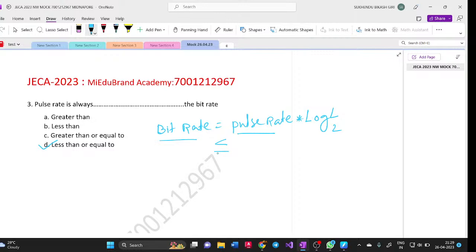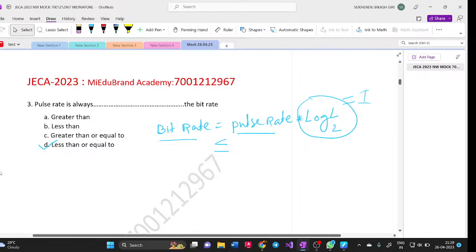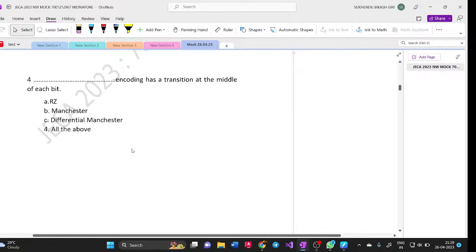Equal to will happen when the log L base 2 is equivalent to 1, then bit rate equal to pulse rate, or pulse rate always less than bit rate. Clear? Next, question 4.